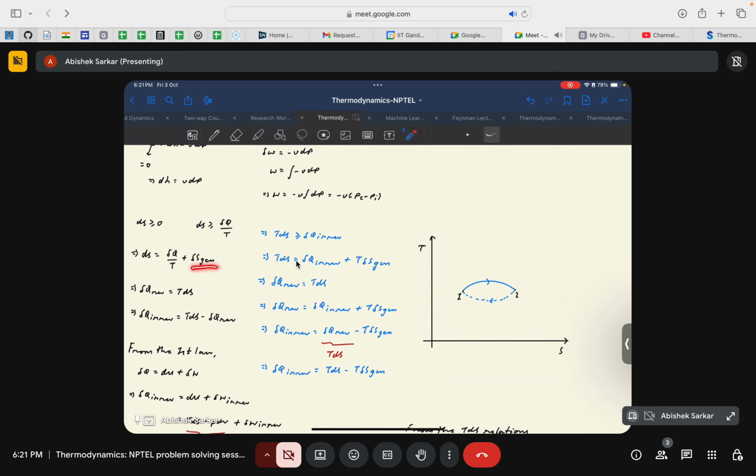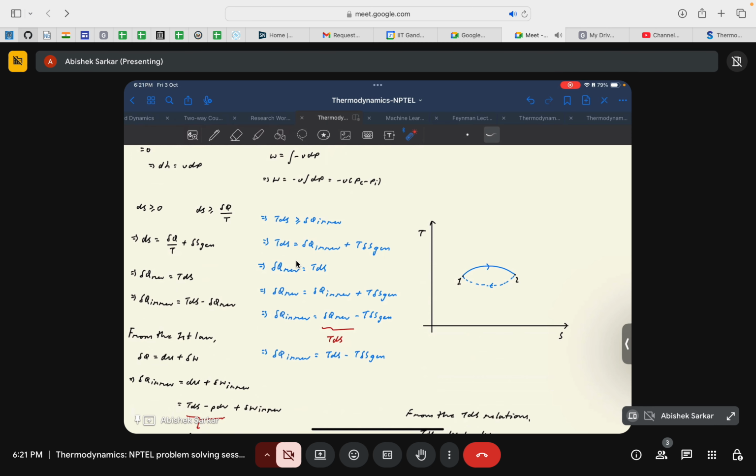It has to be positive, so that this greater than symbol can be changed to an equality by considering del Q by T plus some additional input to this equation, which has to be positive. That itself shows us that the entropy generation is always greater than or equal to 0.